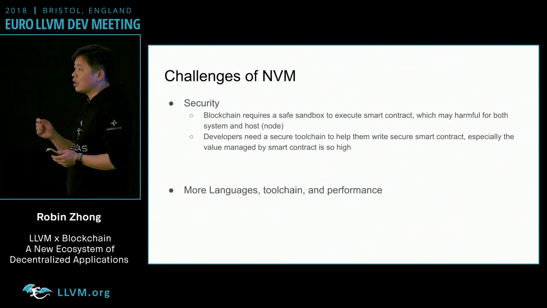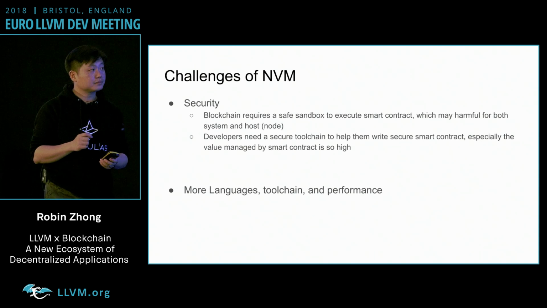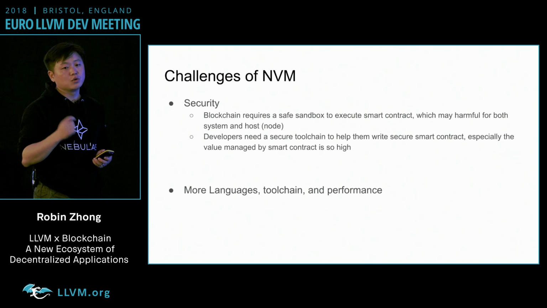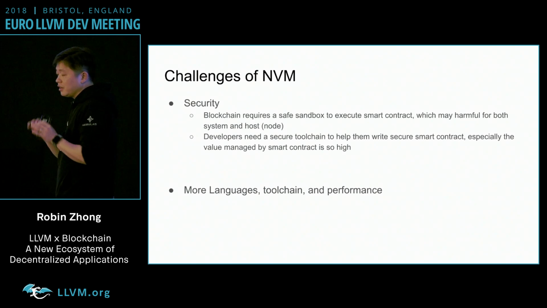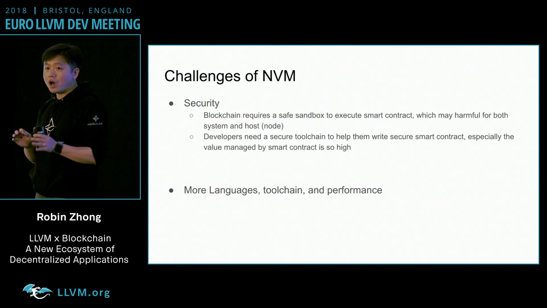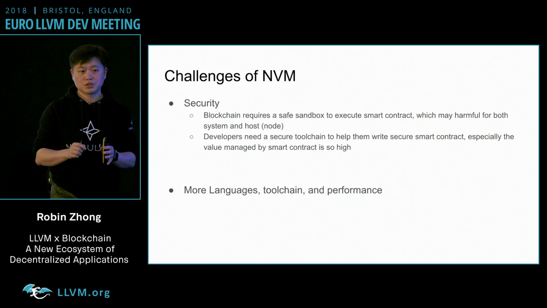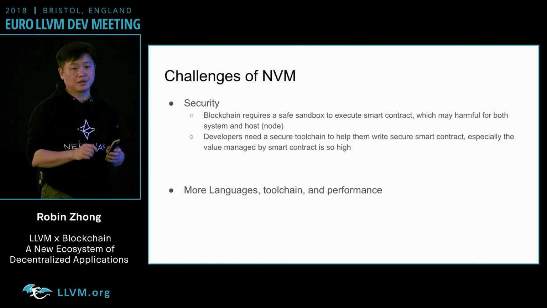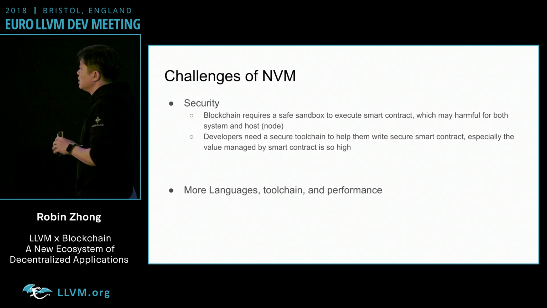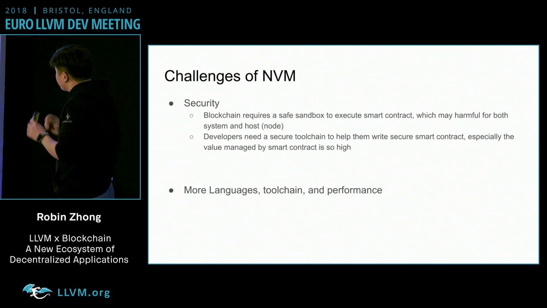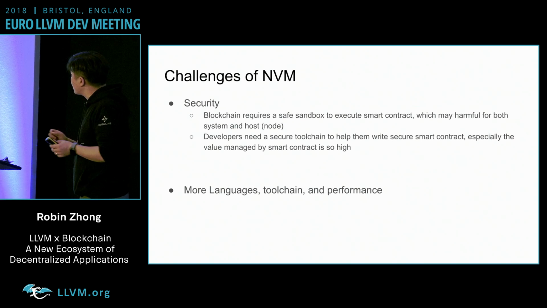We need to build a solid sandbox. That's one. The solid sandbox is for production, for the platform. But we also need to help users write secure code. That's why we need a secure toolchain to help developers write more secure smart contracts and more secure product code.